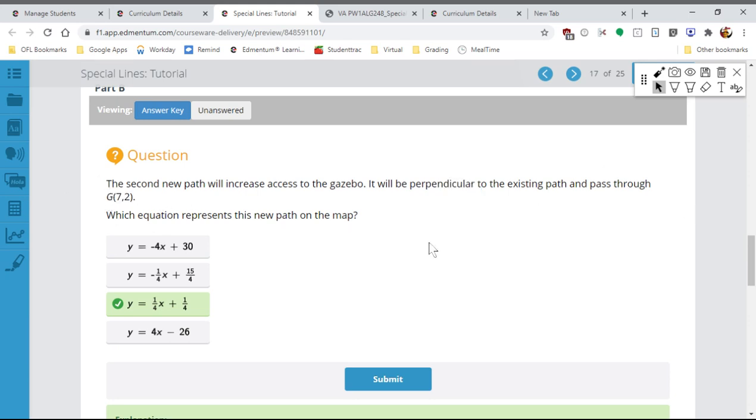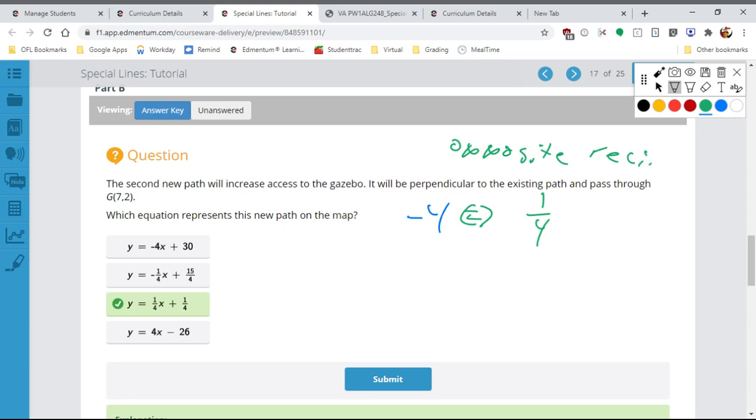The gazebo is our point G. So I know my slope has to be perpendicular to -4. So my new m, my new rise over run, is 1/4. That's my new rise over run, what I changed it into. That's the opposite reciprocal. Flip it over, or make it negative, and then flip it over. Change the sign, flip it over.